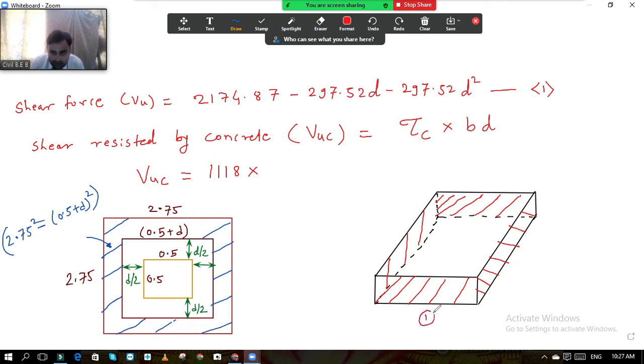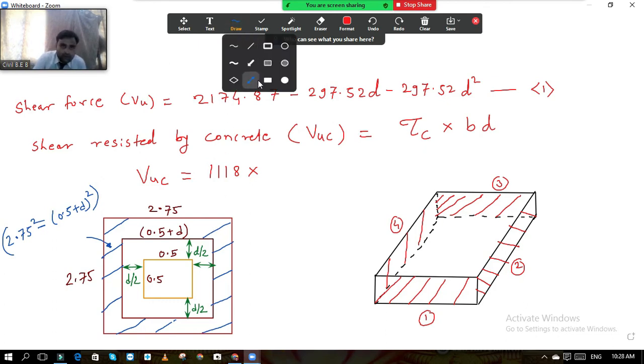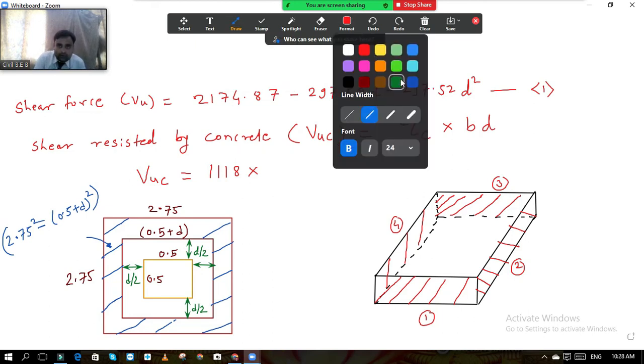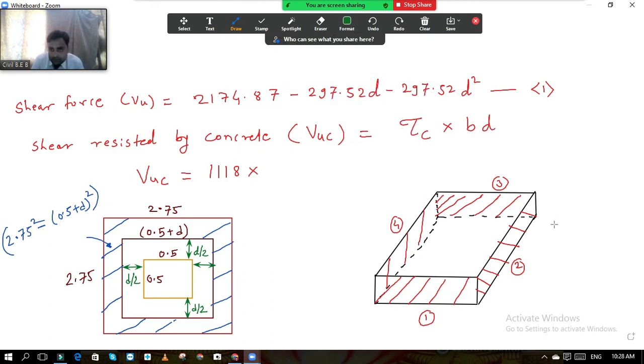Let us say this is the cross sectional area 1, this is 2, this is 3, this is 4. Now how much is this area? So this is your 0.5 plus d. Okay, so 0.5 plus d. Now here I show you the dimensions, from this point to this point.